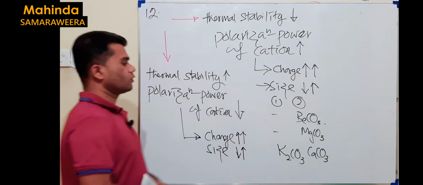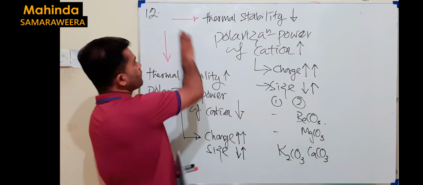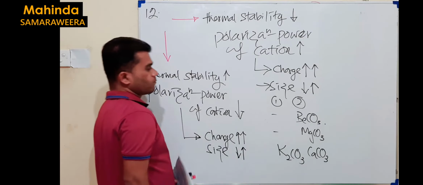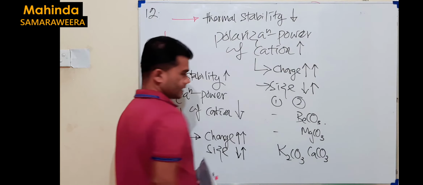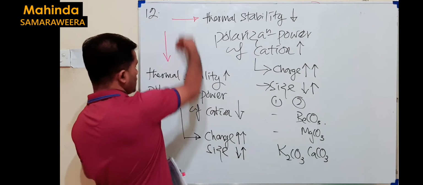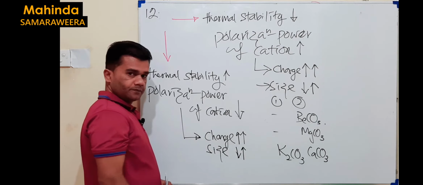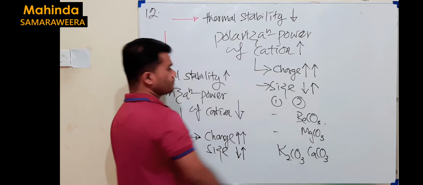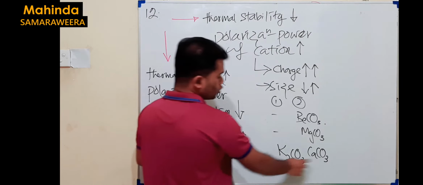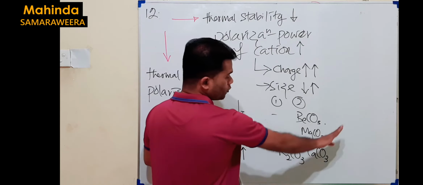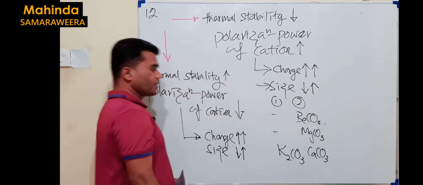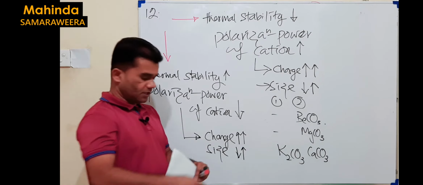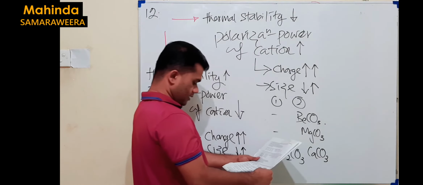Okay. How do we get this now? Going from here to here, group 1 to group 2, it decreases thermal stability. Going down the group, it increases. Then you get group 1 at the bottom and group 2 at the bottom. Then from here to here, it decreases. Therefore, potassium carbonate should have the highest thermal stability. Here the numbers.